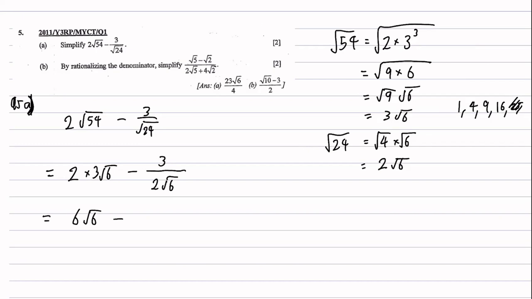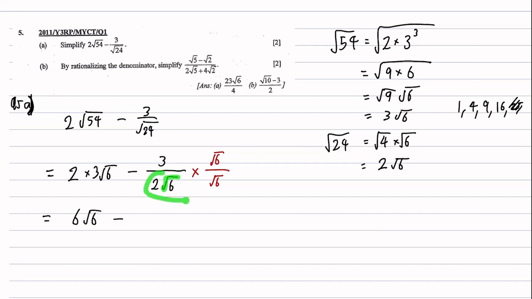What's the conjugate of 2 root 6? Top and bottom multiply by what? Times root 6. Correct, just root 6. The goal is what we call rationalizing the denominator. Here, square root 6 is not rational, cannot write as a fraction.